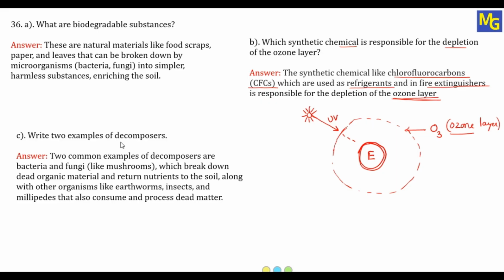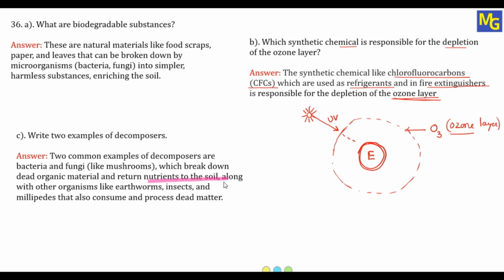So we have to tell which are those decomposers. These are the main important organisms which help to decompose or to continue the cycle in nature. So two common examples of decomposers are bacteria and fungi. As I told, fungi means things like mushrooms. Mushrooms also grow on dead animals or dead living beings. So here, bacteria and fungi are the main examples which break down dead organic material and return nutrients to the soil.